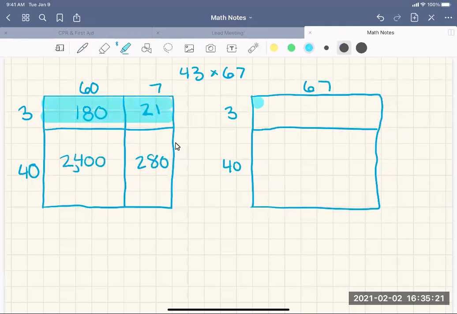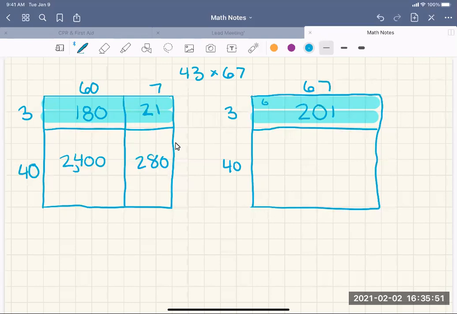So we're putting them back together. 67 times 3 is 180 plus 21, which I can do in my head. That is 201. And then the bottom part is just going to be 2,400 plus 280.